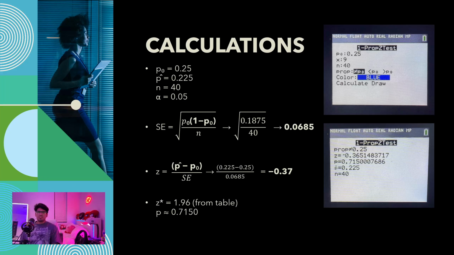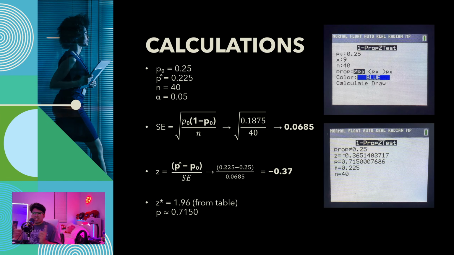Here are my numbers. P naught is 0.25, P hat is 0.225, n is 40, alpha is 0.05. My standard error, here I have the equation, comes out to 0.0685. My z-score is negative 0.37, sorry.